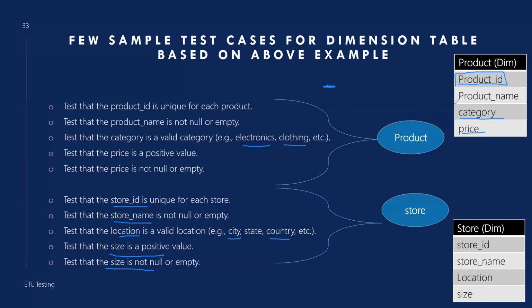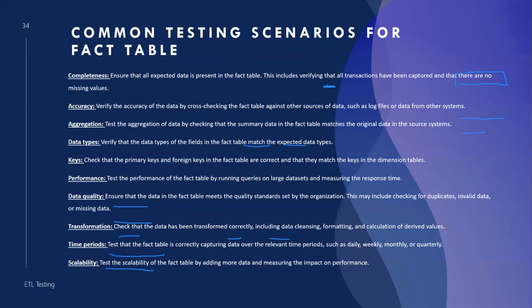So basically your test cases should be around all your columns, and you need to verify them. That's it. Now, apart from this, you need to segregate your test cases based on these important terminologies. First of all, you need to verify the completeness of data.